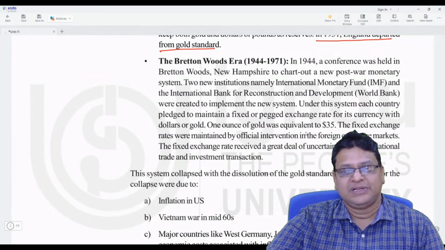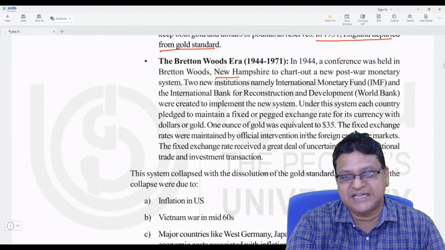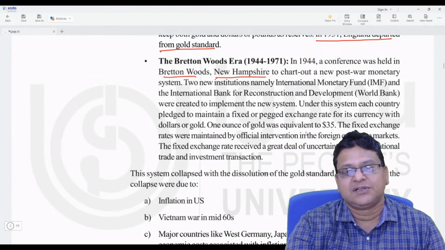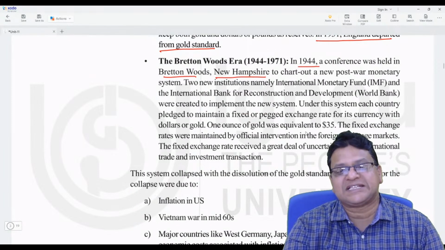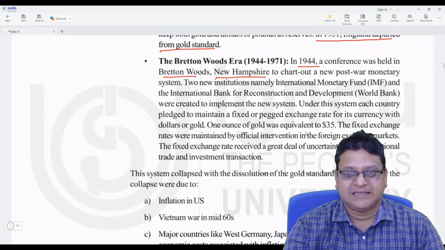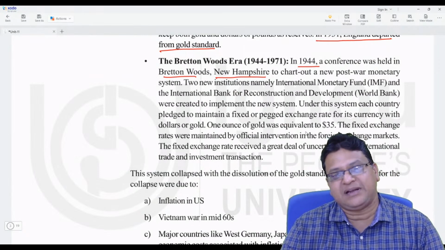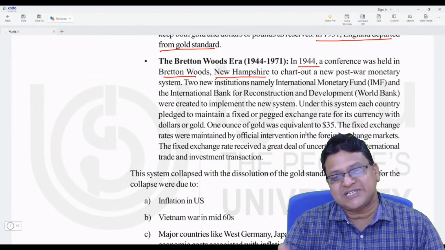in 1944, during the Bretton Woods conference, which was held in New Hampshire, 44 countries participated, and they decided to set up the world again. They decided how to restore the world, how to restore international trade.